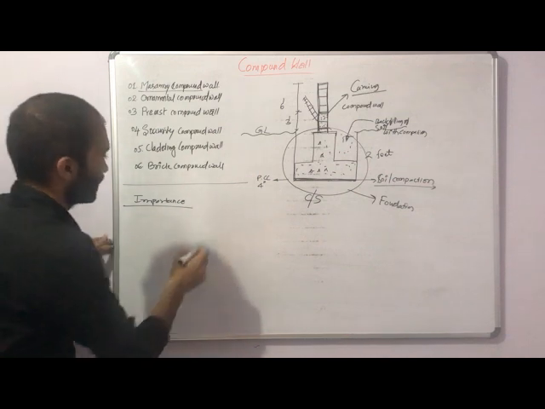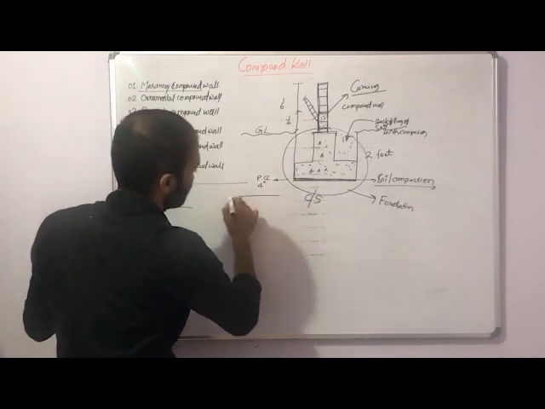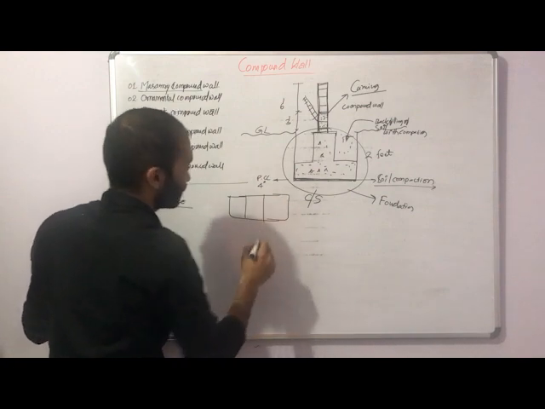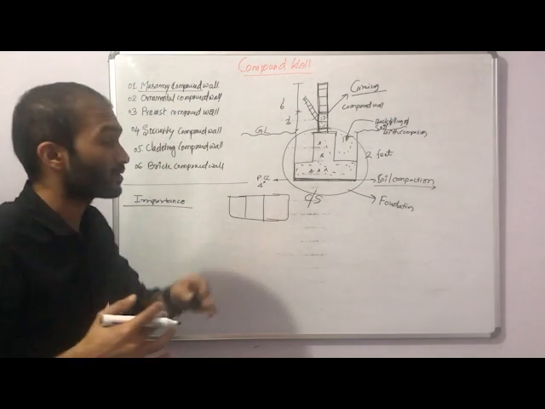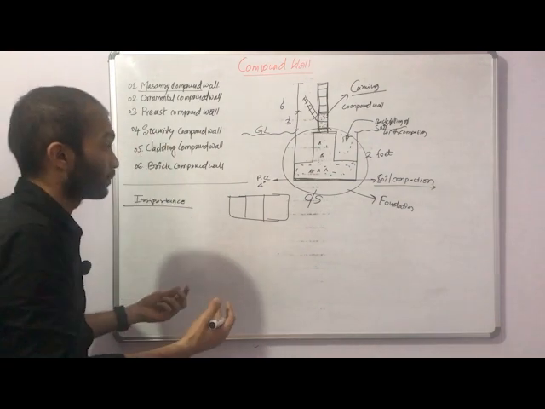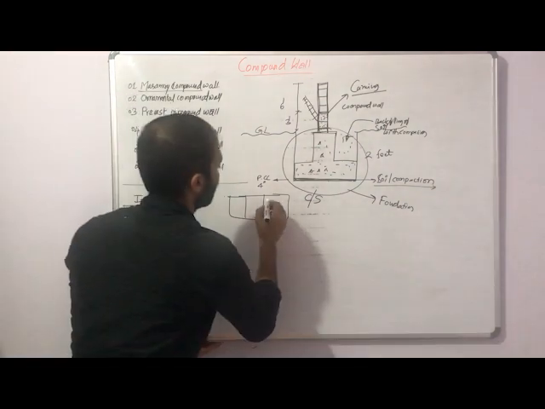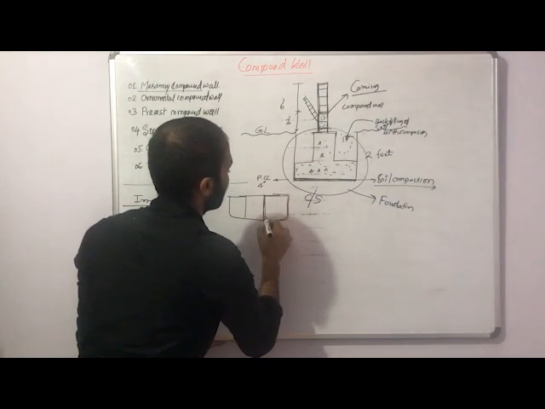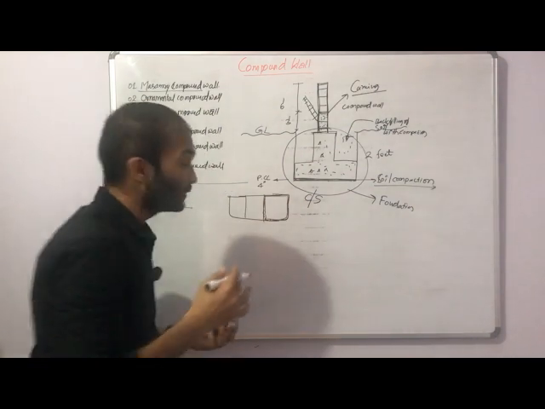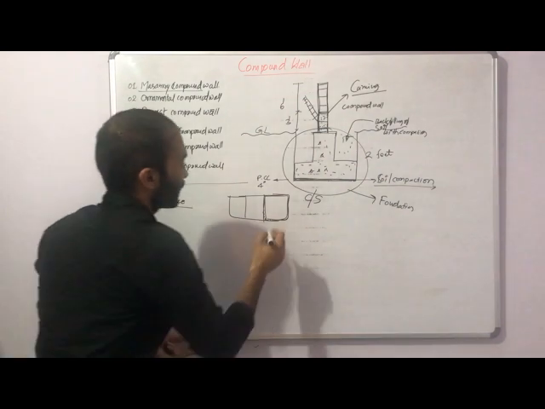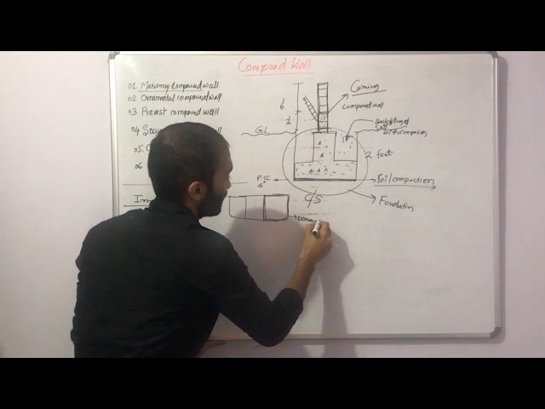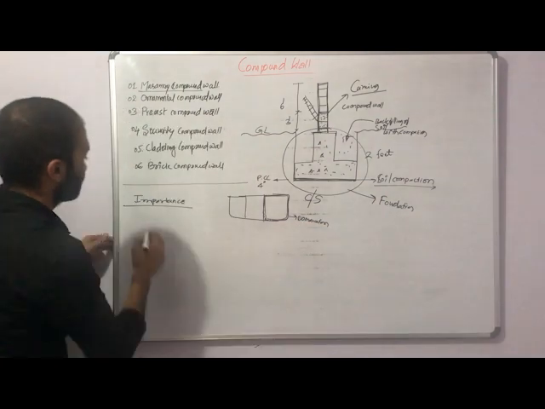Say, for example, you have three plots, but there is no demarcation available on the land. By making a proper compound wall on the line of your boundary or property line, it gives you a clear and proper demarcation.